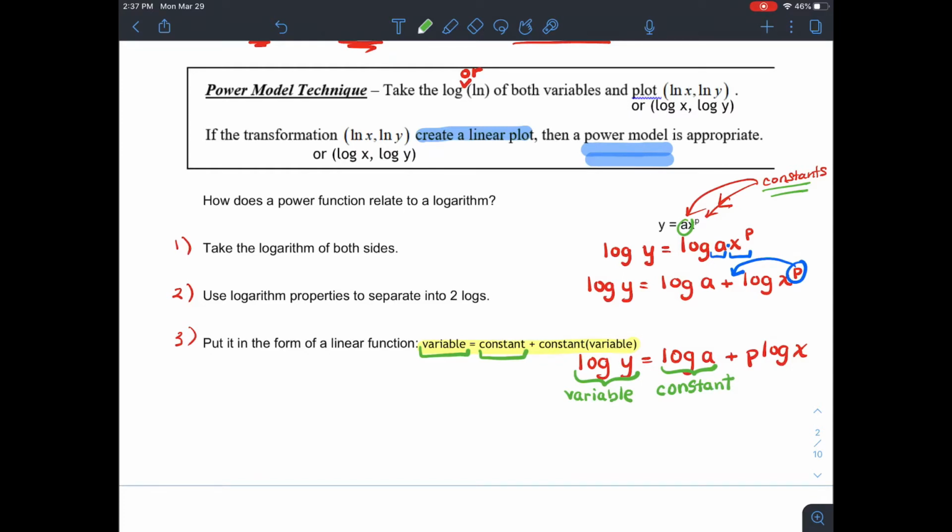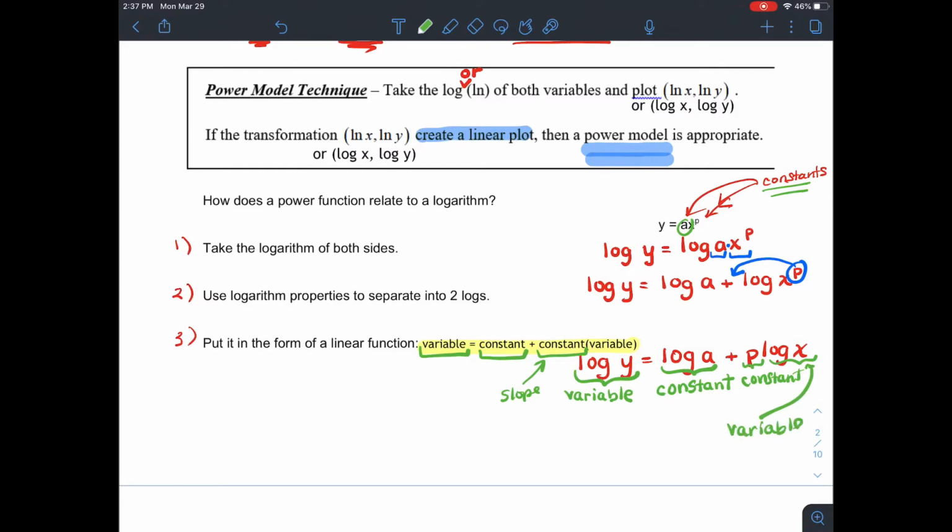Then plus, supposed to have a constant. This is like the slope, okay. The p right here is a constant. We were told that again in the original problem here. Remember, this p was a constant. And then finally, this logarithm base 10 of x represents a variable.